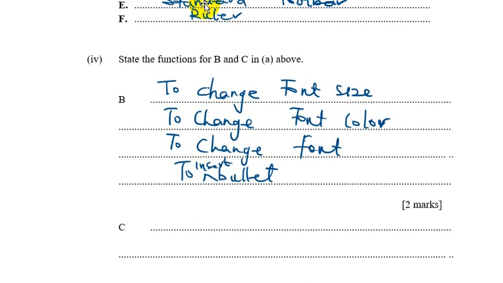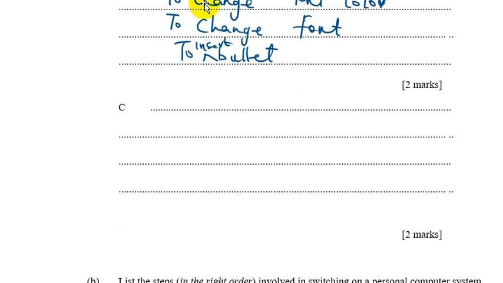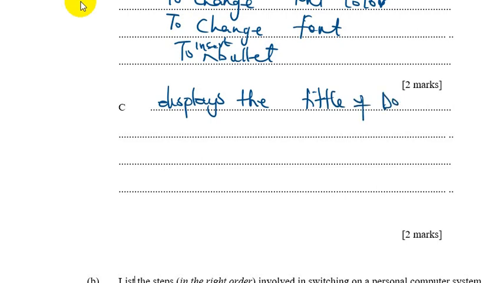Don't stress yourself and write a long sentence. Now the C was the title bar, right? So the title bar, what does it do? It displays the title of the document.